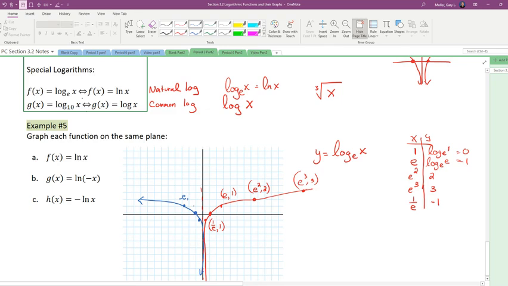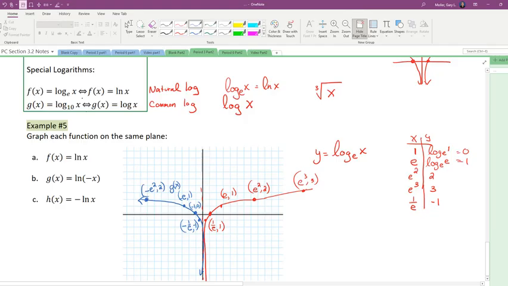This is going to be negative 1, 0. This is negative 1 over e, negative 1. This point over here somewhere would be negative e squared, 2. This is g of x.